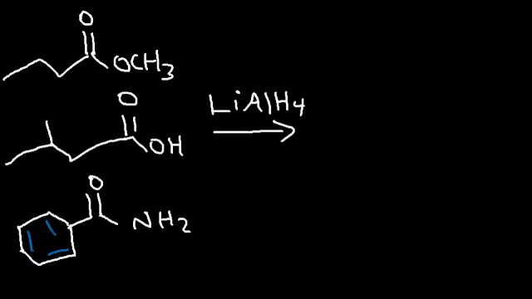Starting with the ester, lithium aluminum hydride will reduce it to an alcohol. This group is going to leave, much in the same way that the chloride left in the acid chloride. It's going to reduce the ester by the addition of 2 hydrogen atoms. The carbonyl group is going to convert into an OH.